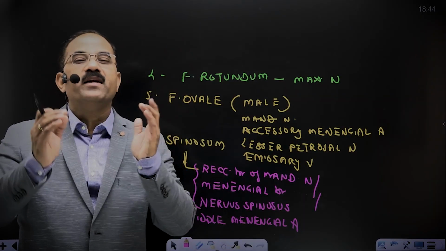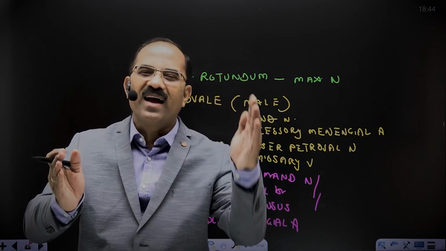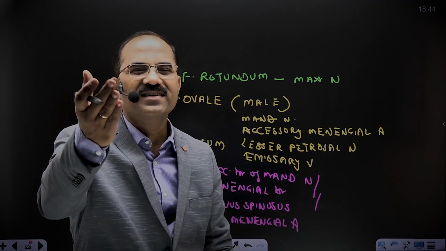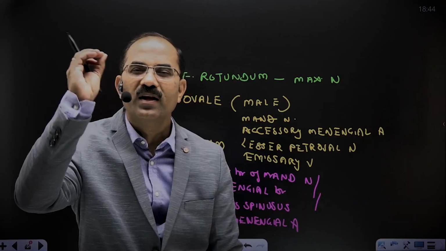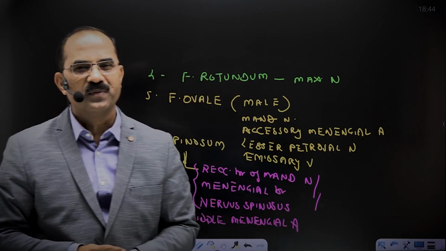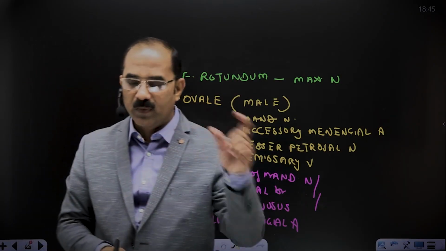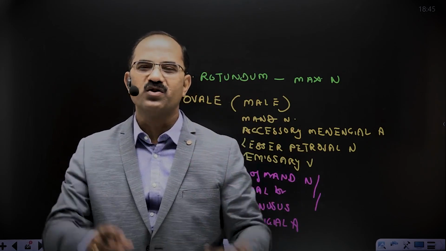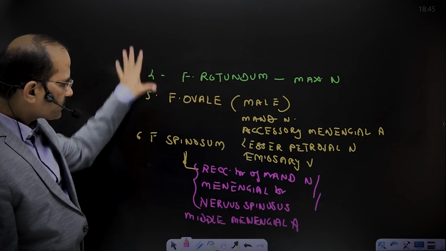So this bleeding is going to be between the skull and the dura mater. We call this hemorrhage extradural hemorrhage. Remember that. Fine, perfect. Clear with this?